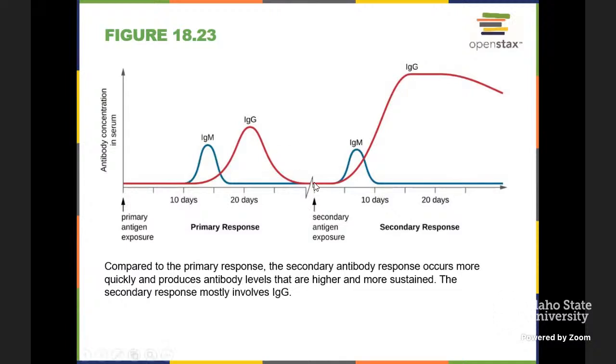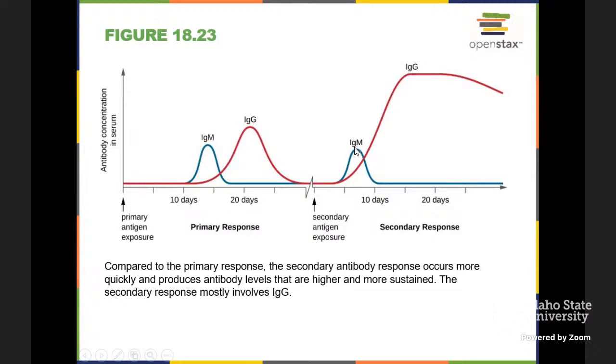With that second exposure to the antigen, IgM has now shifted to about a week instead of 2. We start to see its level increasing, and long before we really started the decline, IgG is being produced as well, and it surges past.